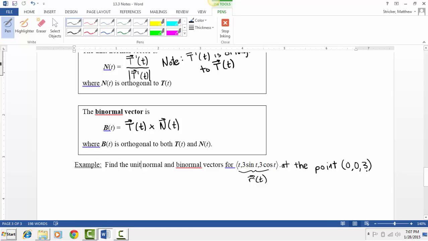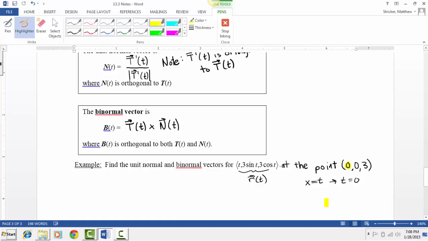And this is easy enough. Right off the bat, if you just look at the x component of this vector function, you can see that x equals t. And x should be 0, so that says that t equals 0, because 0 is what we know x to be, and x and t are the same.